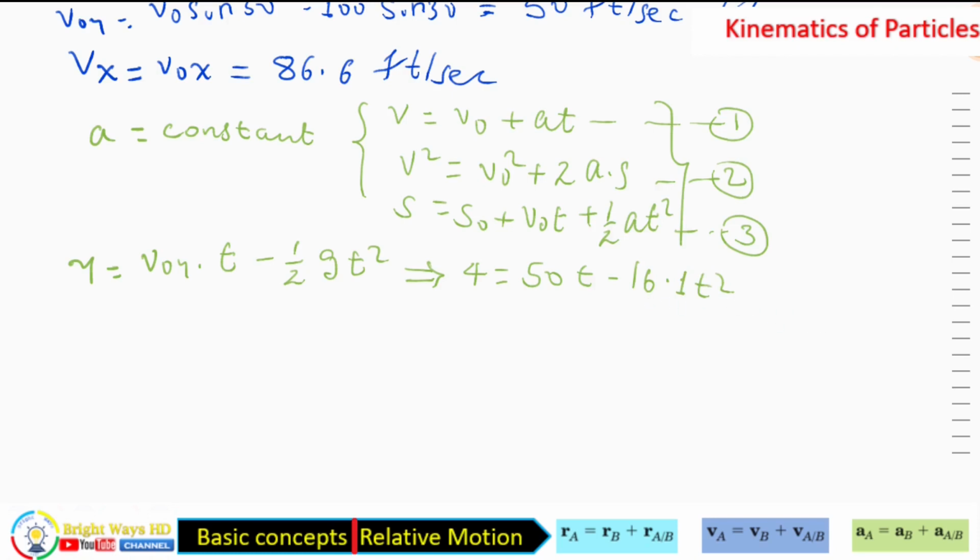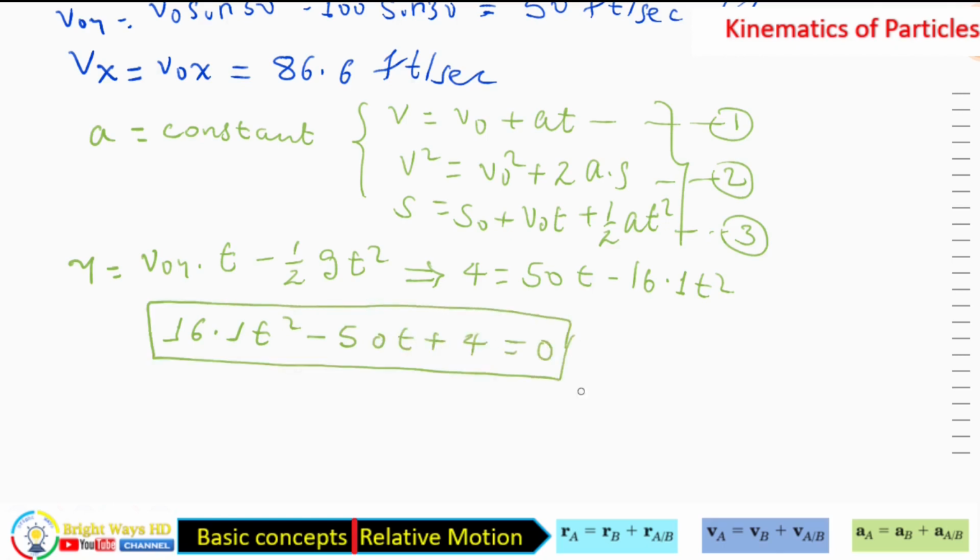Now if you rearrange this quadratic equation into the formal quadratic equation, it will become 16.1 t squared minus 50 t plus 4 is equal to 0. This is a quadratic equation having the coefficients a, b, and c.